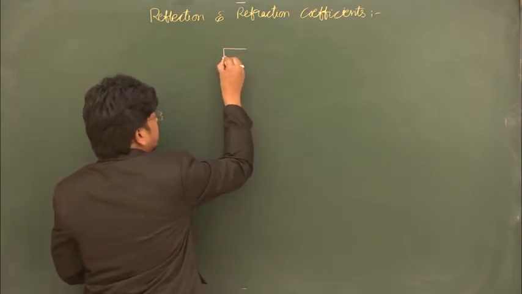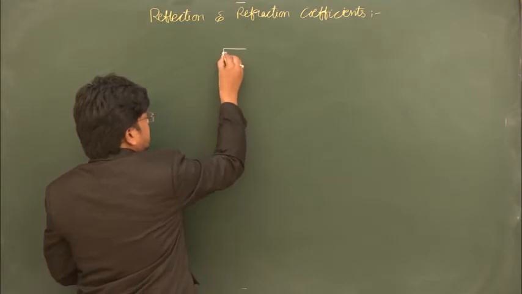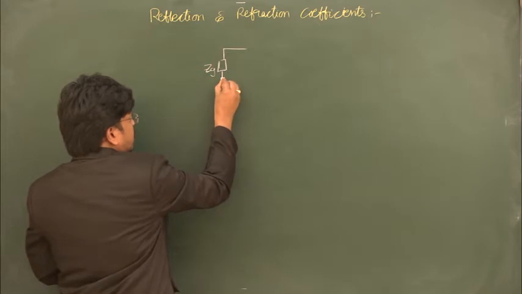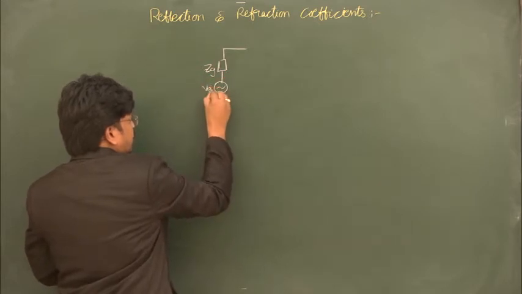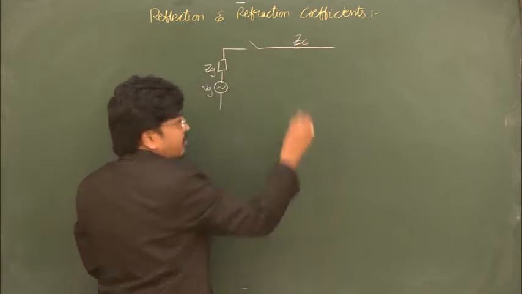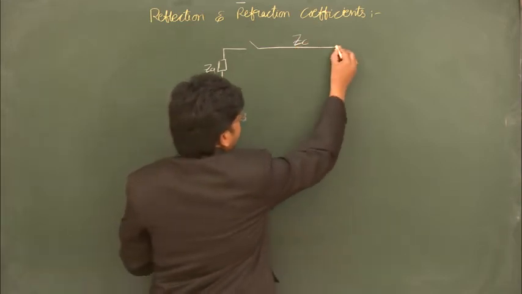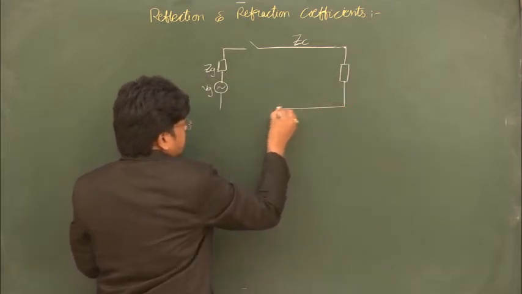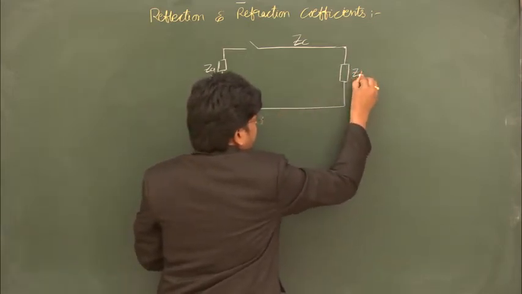For example, consider a transmission line with a source impedance of Zg and a voltage Vg injected, and the line has a characteristic impedance of Zc and is terminated with a load impedance of ZL.